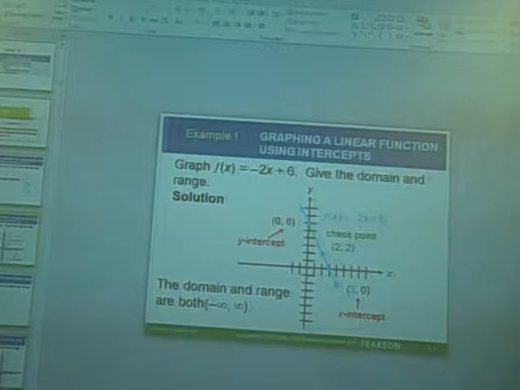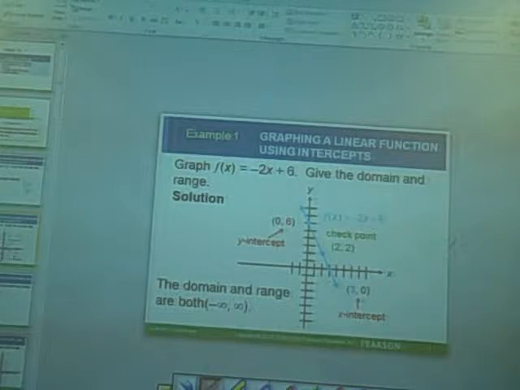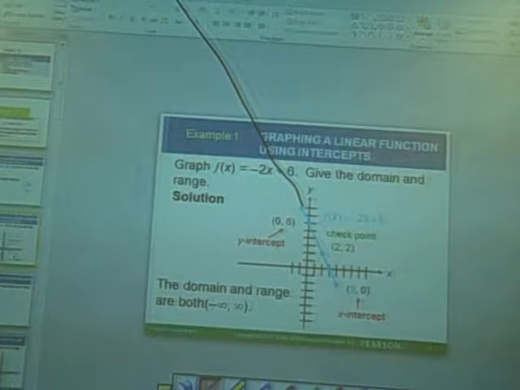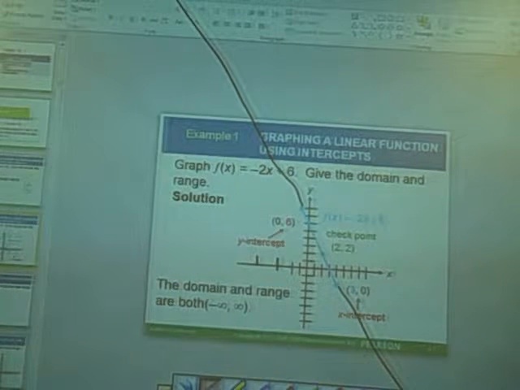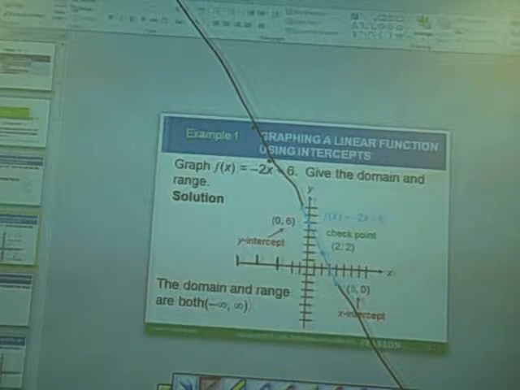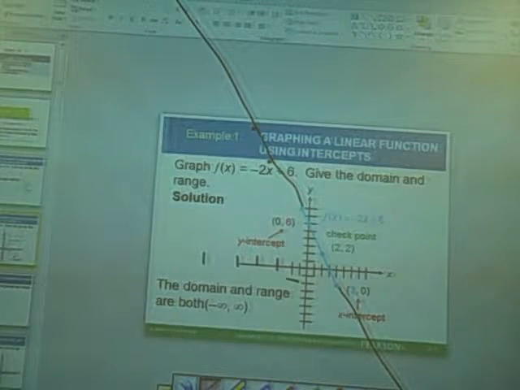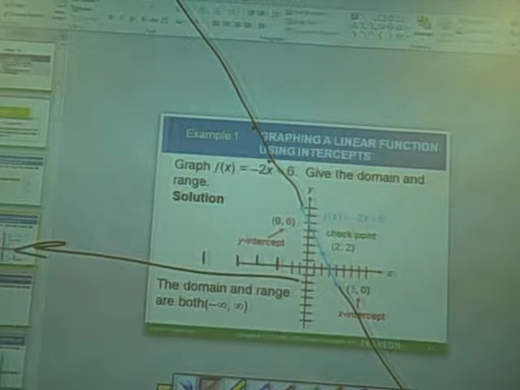Notice the domain is negative infinity to infinity, where this graph basically goes on forever in the x direction, and goes forever in the y direction. So if you're looking at each value for x, it continues on to infinity in the negative direction.